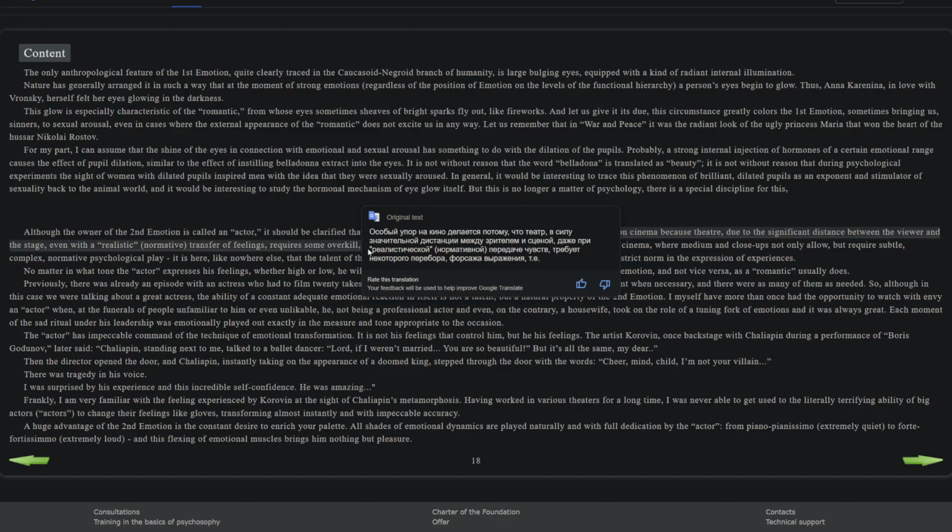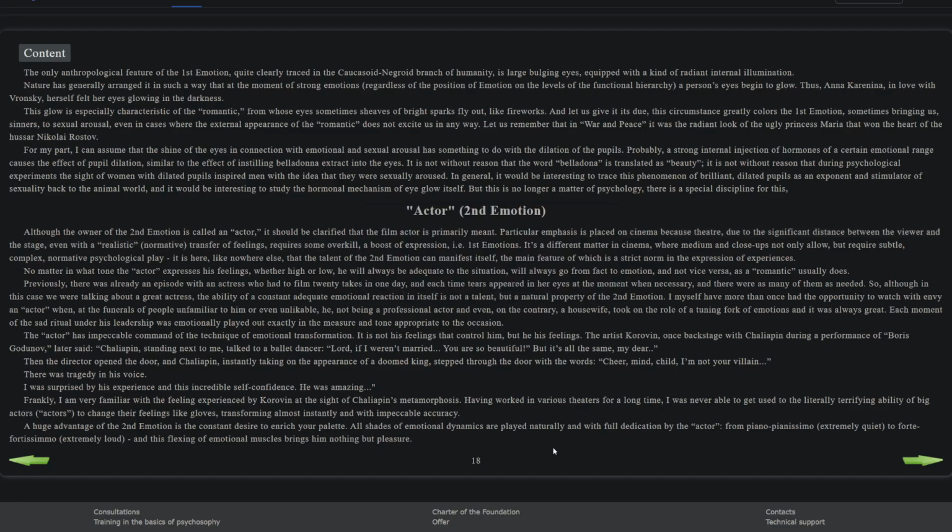This glow is especially characteristic of the romantic, from whose eyes sometimes sheaves of bright sparks fly out like fireworks. And let us give it its due. This circumstance greatly colors the first emotion, sometimes bringing us, sinners, to sexual arousal, even in cases where the external appearance of the romantic does not excite us in any way. Let us remember that in War and Peace, it was the radiant look of the ugly Princess Maria that won the heart of the hussar Nikolai Rostov.